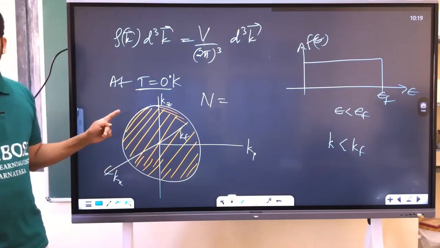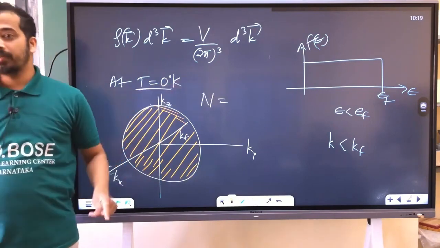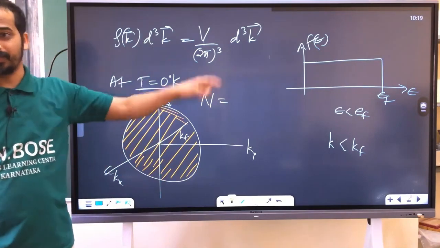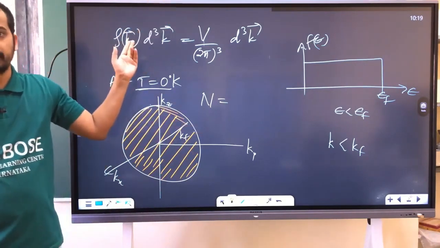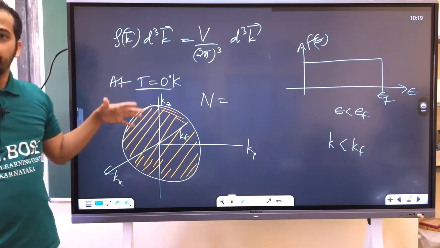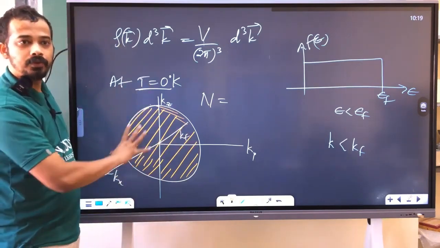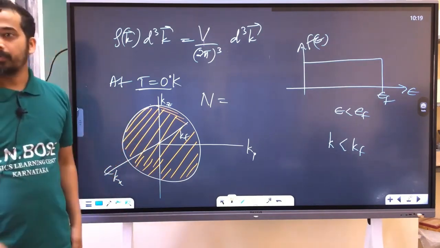So counting the number of states within this is nothing but counting the number of particles. Earlier we took the distribution of particles; we counted the number of states in the density of states idea. Now counting the total number of states within the Fermi sphere is nothing but counting the number of particles.